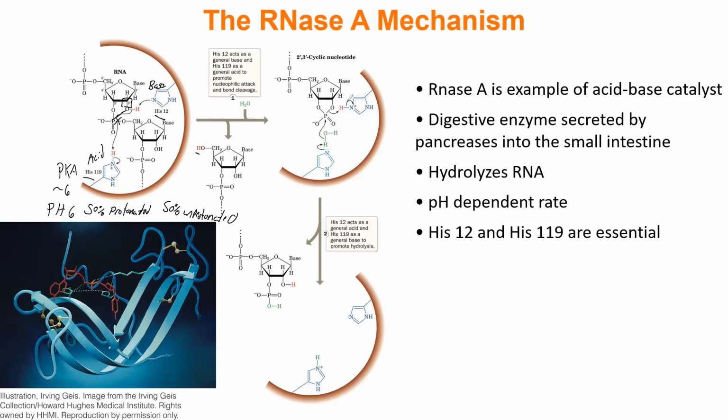After our first attack, His 12 has a proton and His 119 doesn't. So they're opposite. In addition, this RNA is cyclic now, and we don't want that to happen. We don't want this phosphate to be bound to the 2' carbon. So we need to undo this cyclization reaction, and we need to switch the hydrogens around.